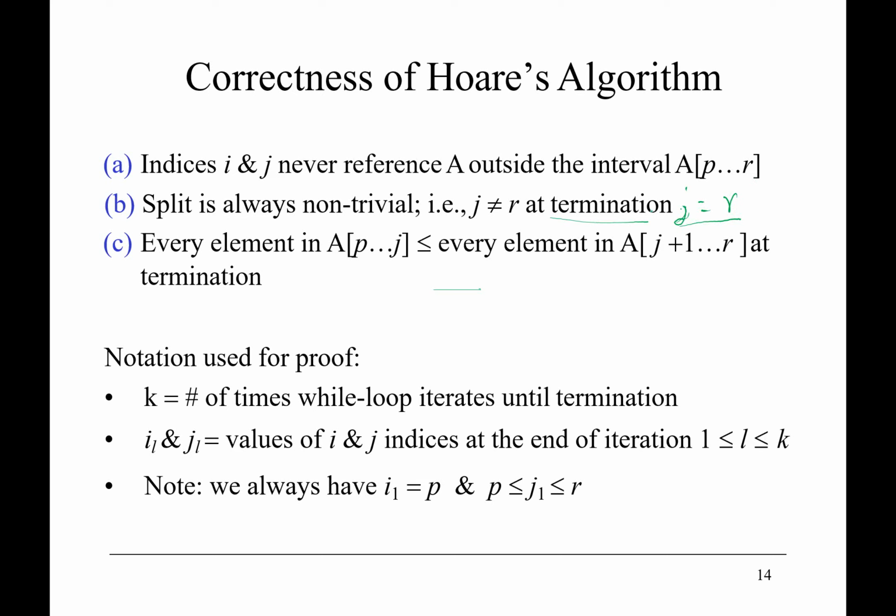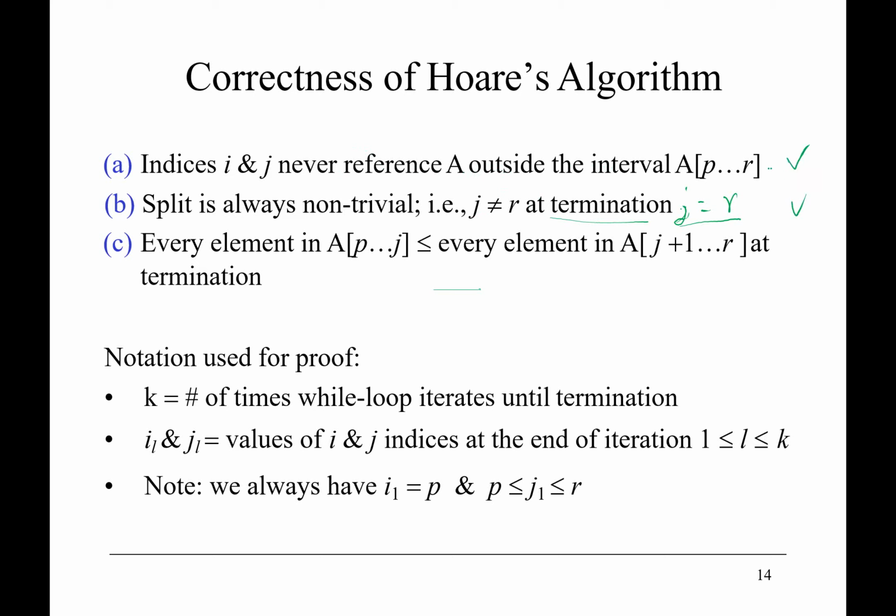So the second note in the constraint corresponds to how many iterations need to happen. And for us, we say the outer loop should at least be executed once. So it means j will not equal r because you go to the next iteration, right? That is no constraint. And the first constraint is that the indexes never reference A outside the interval A[p..r].